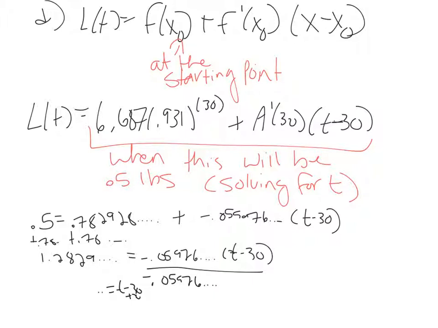So 0.5 plus, look at what I did here. I added this instead of subtracting. That's not good. So this should be subtracting. Okay, so 0.5 minus that.